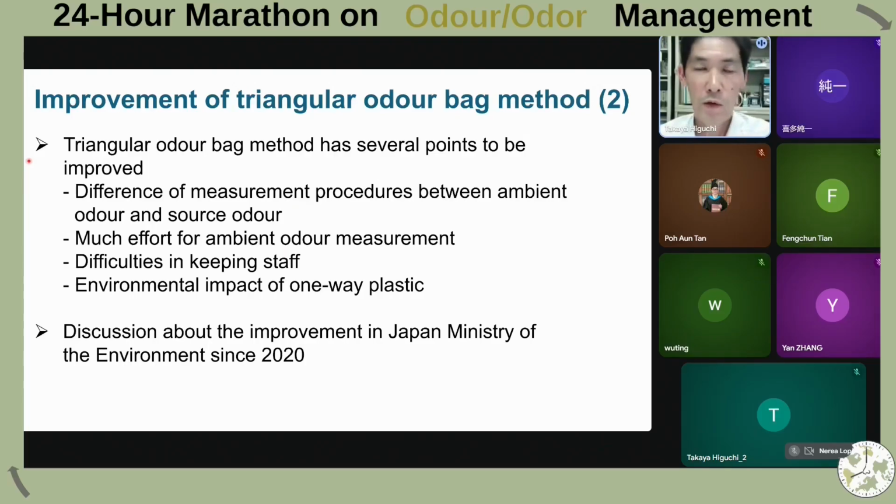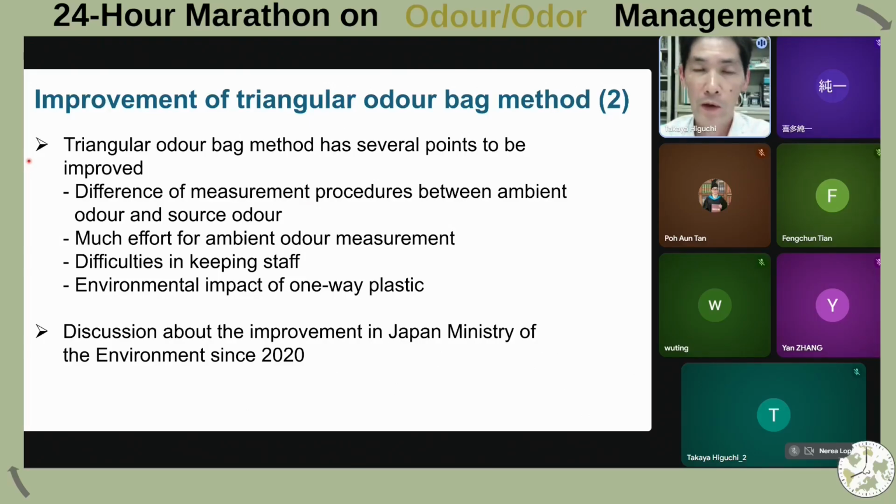In the discussion, we pointed out the possibilities of introducing the 5-2 method instead of the triangular method. In the 5-2 method, we prepare 5 odor bags.